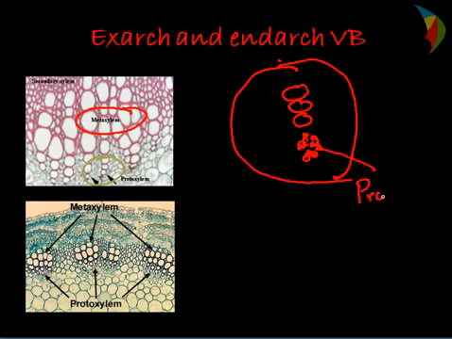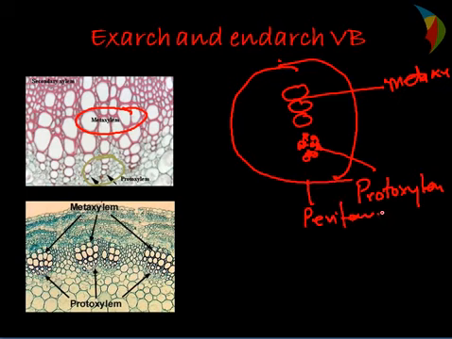On the basis of arrangement of xylem tissues, we have divided them into two types. This is the periphery. So this forms the exarched type of vascular bundle. Now we see the endarched type.